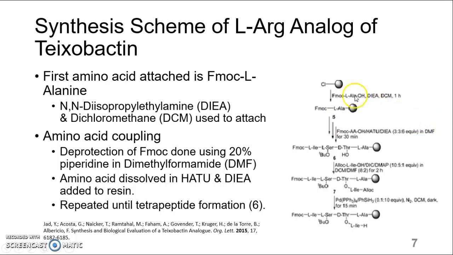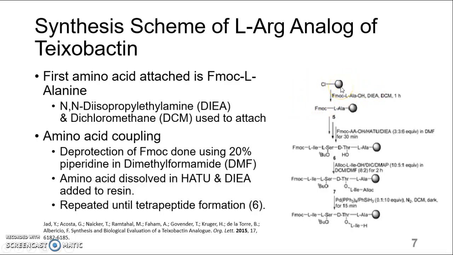So the first amino acid that is attached to the resin is FMOC L-alanine. And like I said, the carboxylic end is what attaches to the resin here. So whenever you see FMOC, it is attached to the amine end of the amino acid.